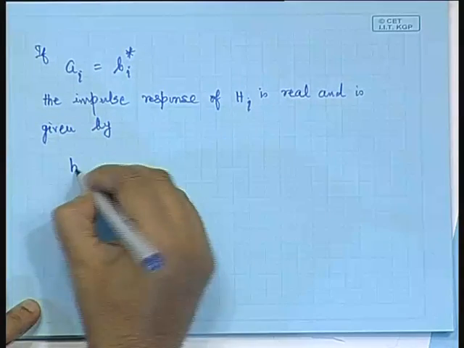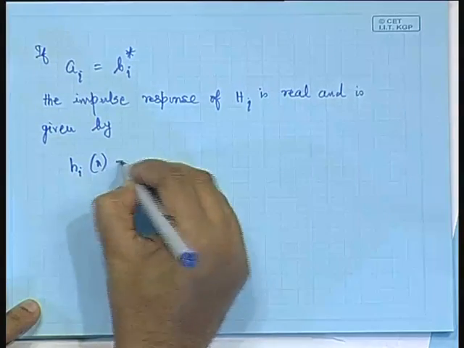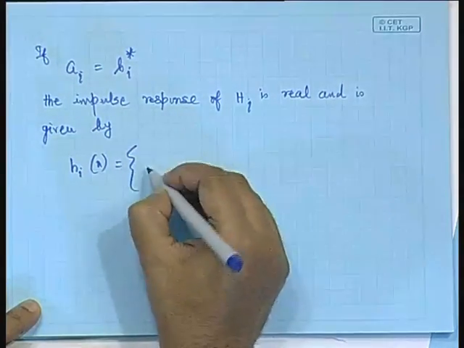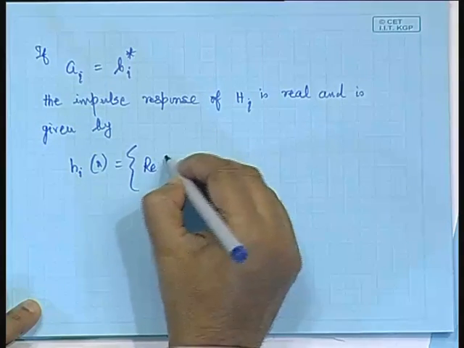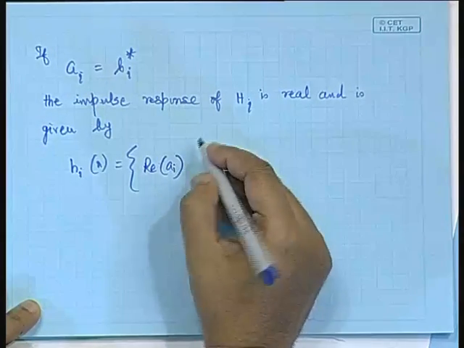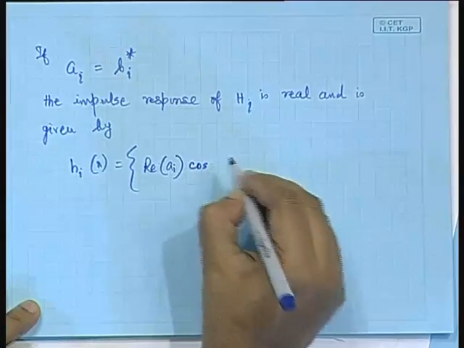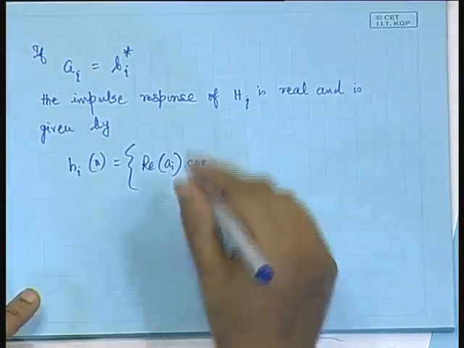And it is given by h_i(n) equal to the real part of A_i into cosine. This comes through a simple manipulation.